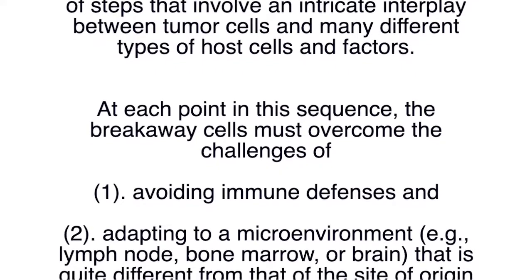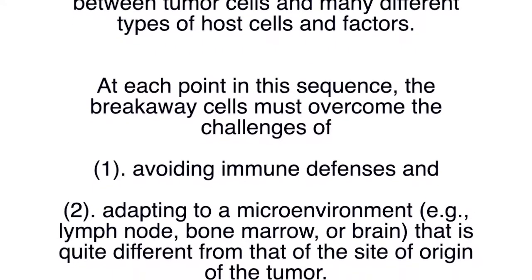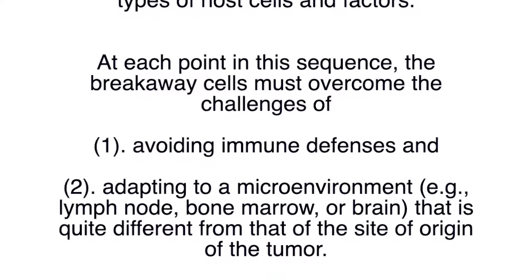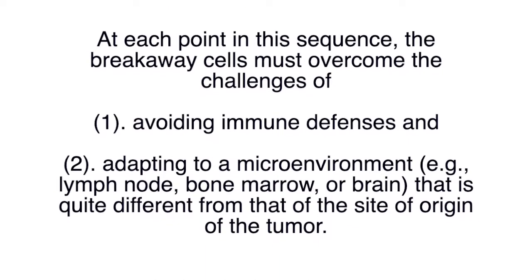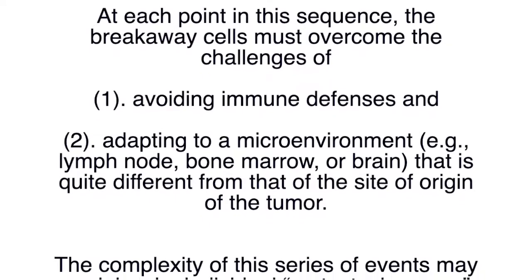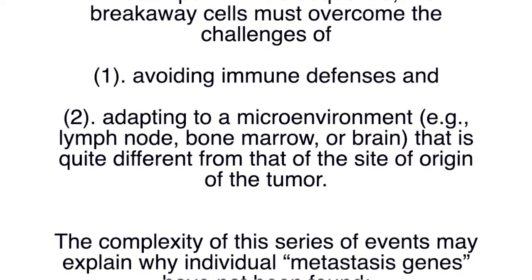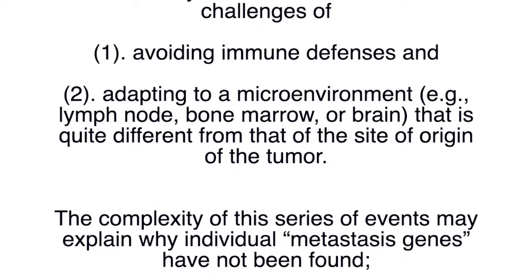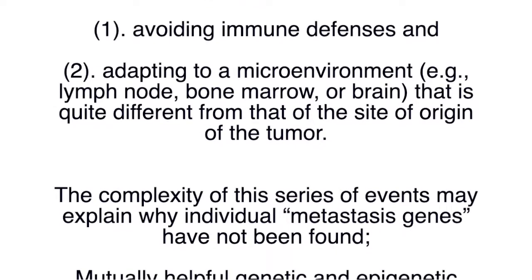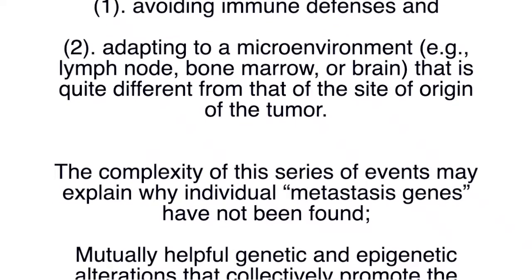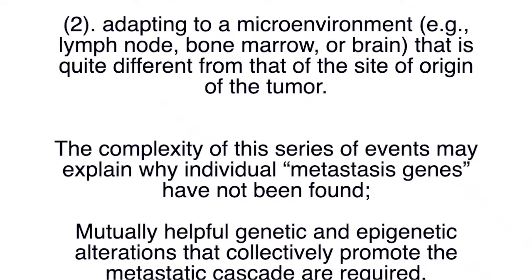At each point in this sequence, the breakaway cells must overcome the challenges of, one, avoiding immune defenses, and two, adapting to a microenvironment, for example lymph node, bone marrow, or brain, that's quite different from that of the site of origin of the tumor.